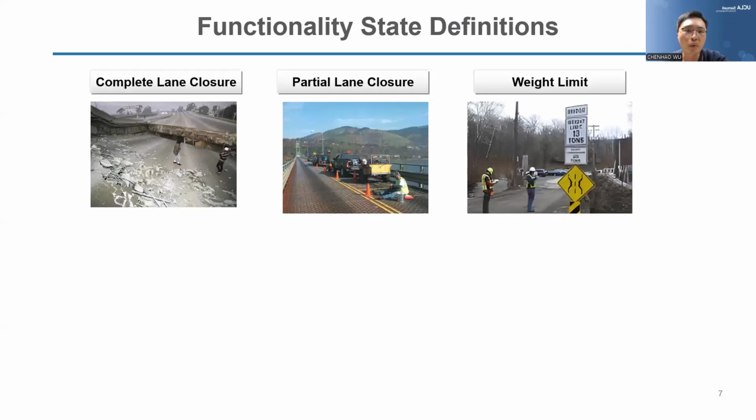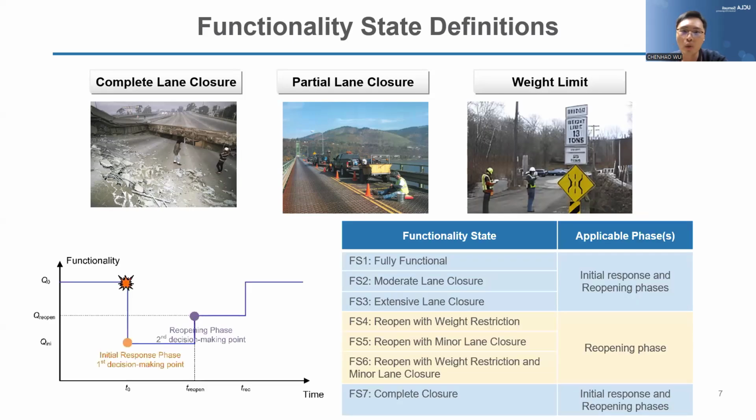Again, as mentioned before, we need to have a very clear understanding and definition of the functionality state. Based on the possible restrictions that Caltrans will impose on a bridge, we define complete link closure, partial link closure, and also weight limit. Based on the recovery progress, we define two phases. One is called the initial response phase, and the other one is called the reopening phase.